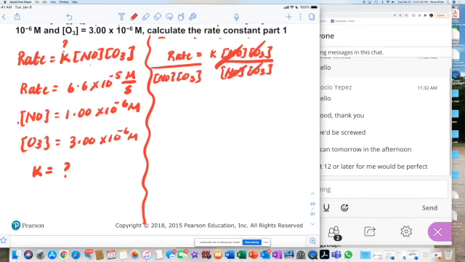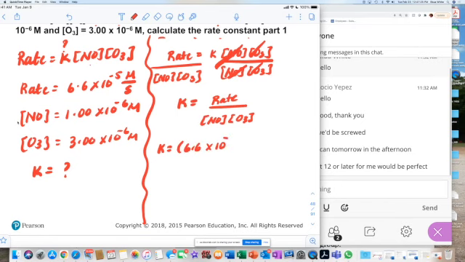Okay, so this is what K is. I'm going to flip this so that K is the subject, right? K is equal to rate over NO O3. I'm just flipping it, that's all I did. The numbers I'm putting in should be on the right.